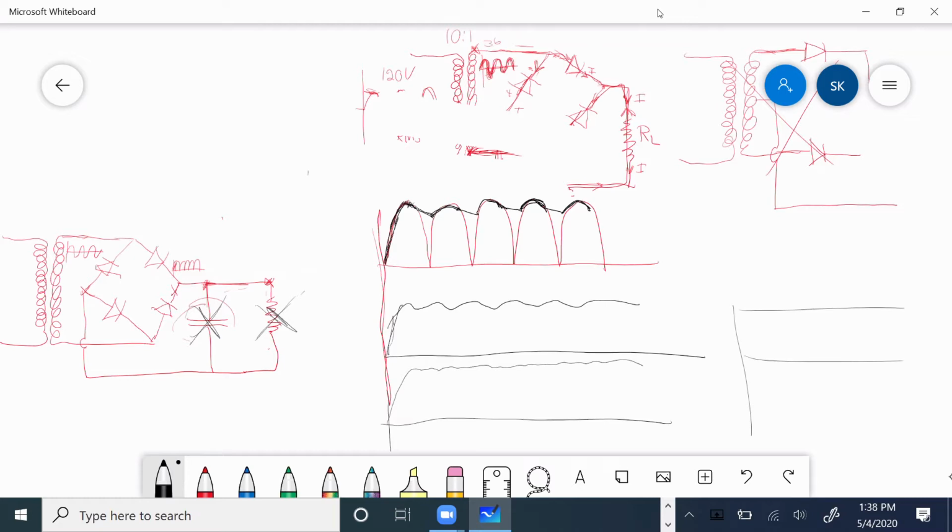Sometimes I have to pass it through one set of filter. Filter means capacitor. Sometimes I have to do it through two filters. And I will get it to end up like a very battery-like DC voltage, which is obviously using mains.